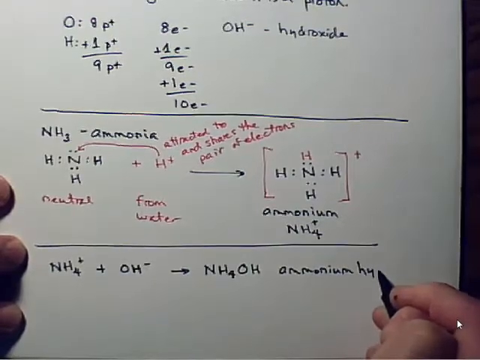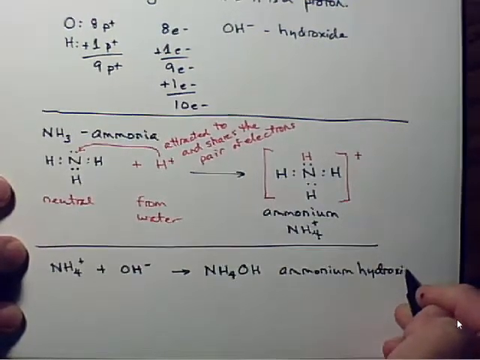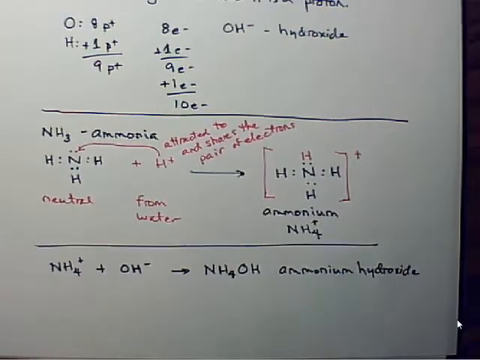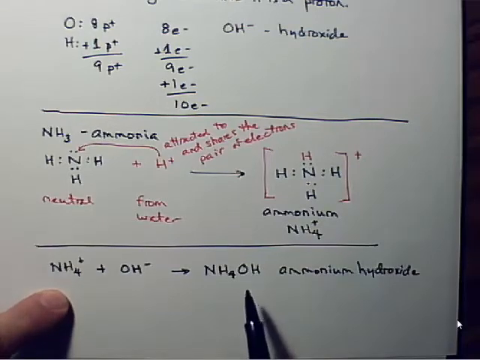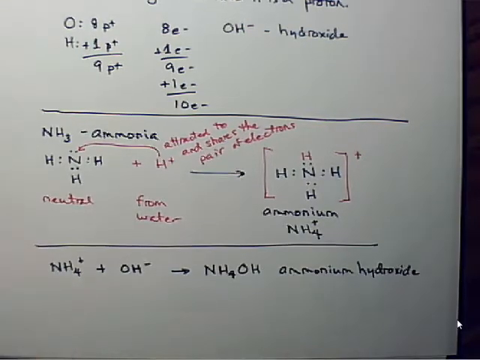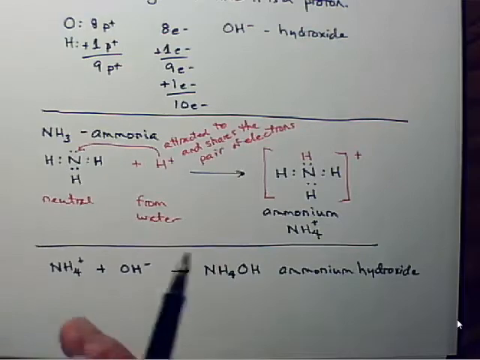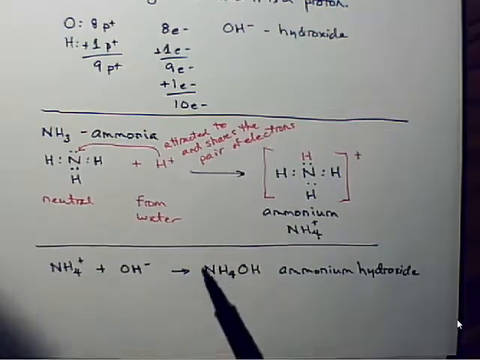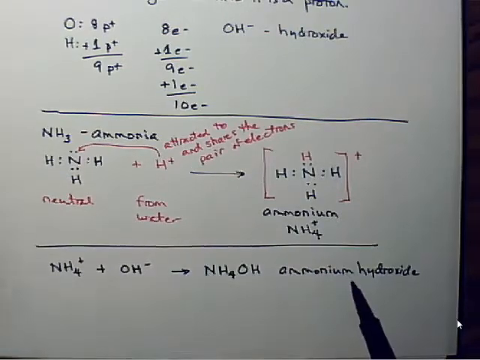Now, I kind of worded that carefully a while ago because even though I said it theoretically forms that, in the real world, let's say you were to make some ammonium hydroxide and evaporate all the water, you wouldn't get crystals of ammonium hydroxide. It just doesn't work that way. I don't know if theoretically you can make it happen by adjusting all the parameters, environment, things like that, and make crystals of ammonium hydroxide, but you don't get it.